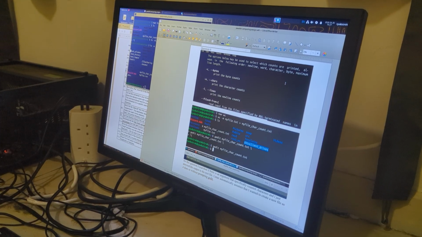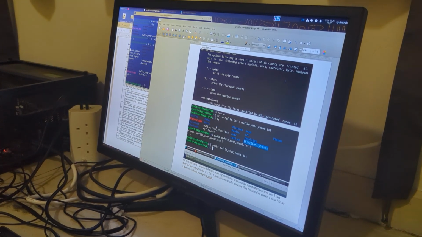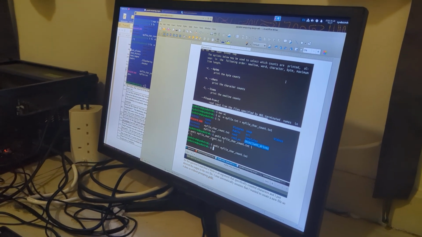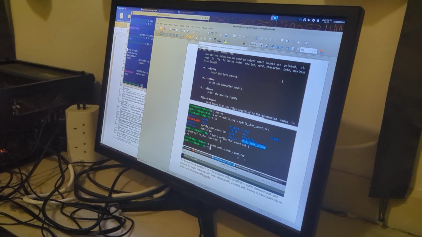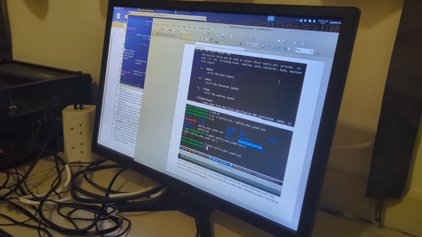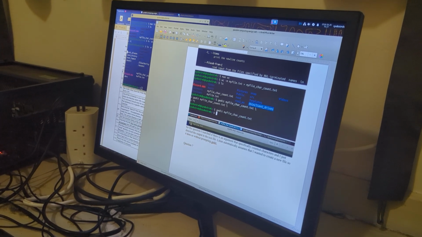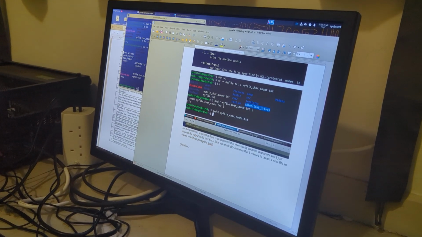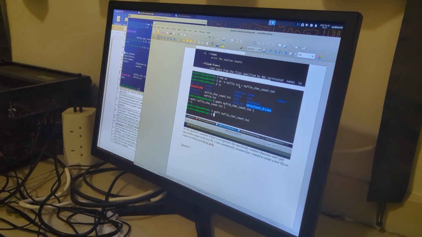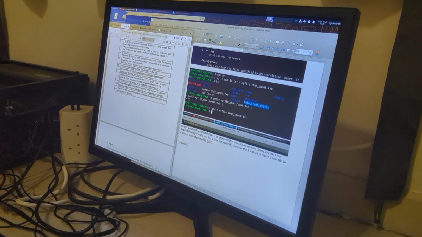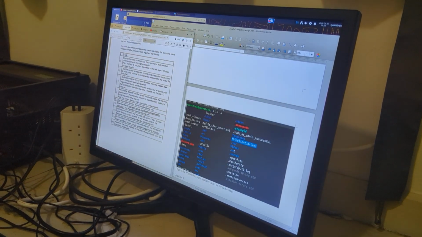So after that, I've confirmed that myfile.char exists, and then I go into myfile.char, and as you can see, 148 is the amount of characters in the file that is myfile.txt. Okay, moving on to the next one, which is seventh.